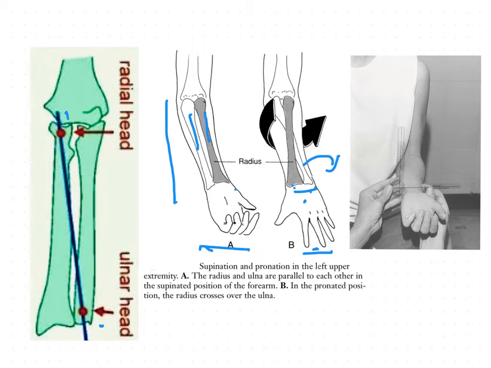This varus shift is about 8.31 degrees, which is seen in the coronal plane. We can see the ulna shifting medially and laterally. So the ulna is shifting medially from supination to pronation, and it is shifting laterally from pronation to supination. So these are the things happening in the motions of the radio-ulnar joint.